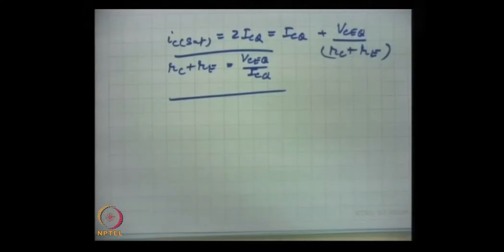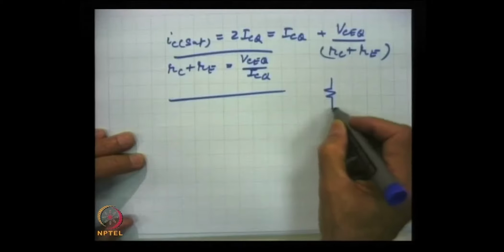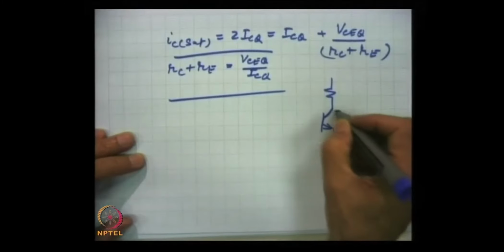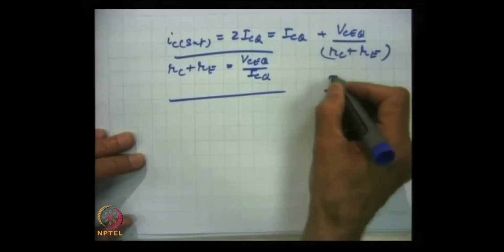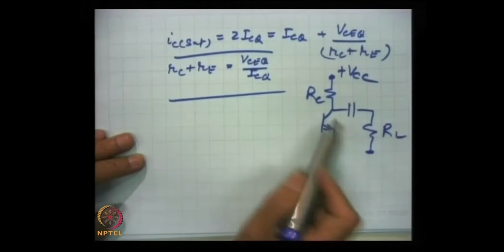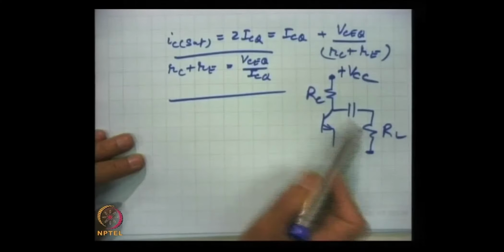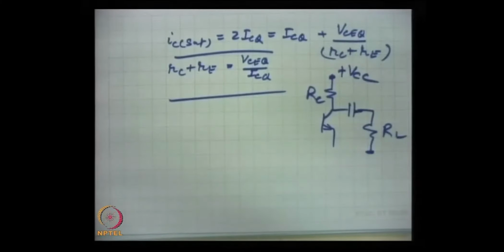So, this is about the RC coupled class A amplifier, power amplifier. And just to remind you, RC coupled, this is R and this was load, this is RC plus VCC. So, RC coupling is very widely used, but for that the efficiency is 25%.